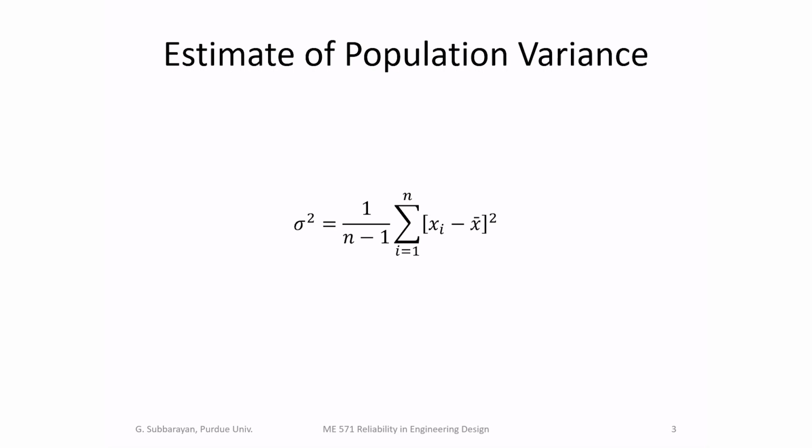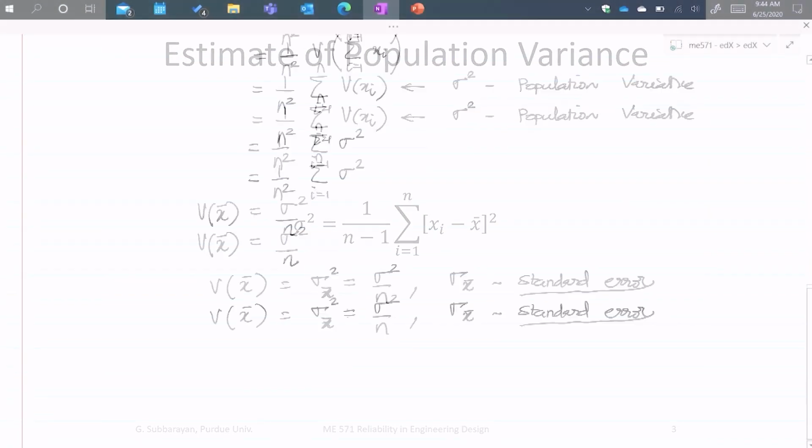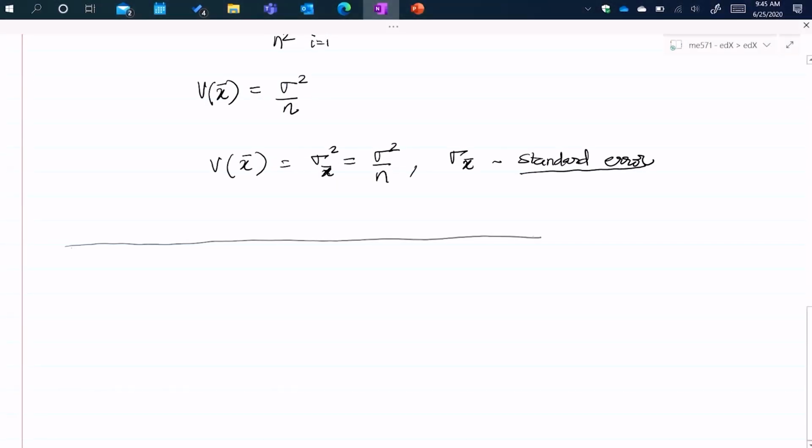So now we are going to extend that idea to try to estimate the population variance. And the logic is very similar to what we did in estimating the sample mean variance. So let's start with our definition of population variance and our definition of sample variance.